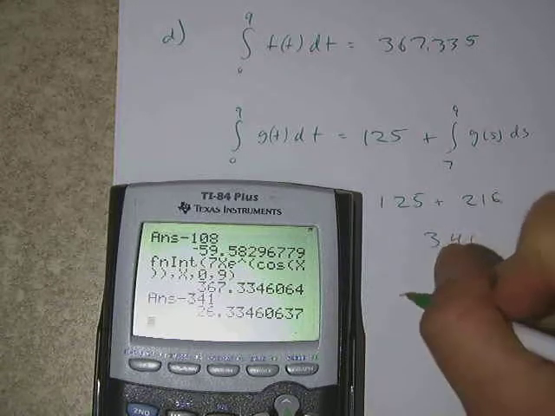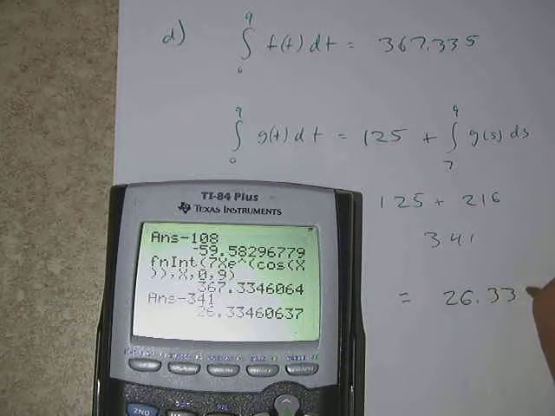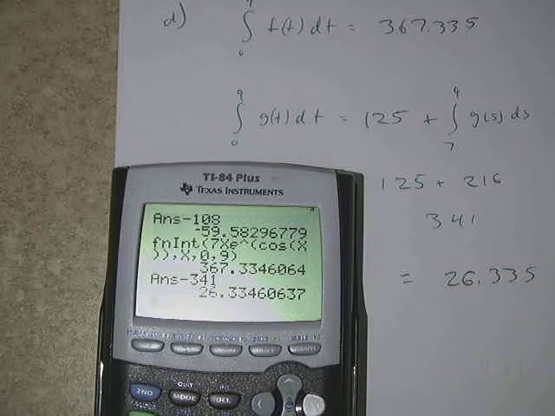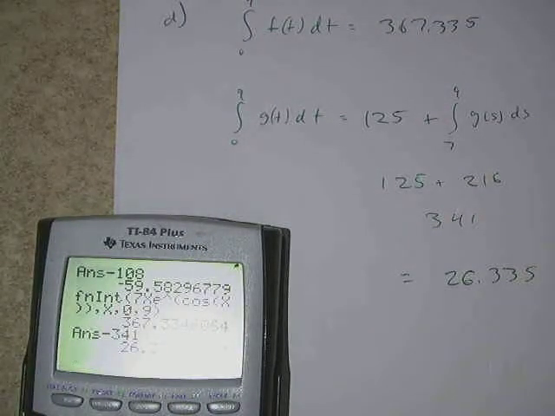So ultimately, 125 plus 216 would be the result from that, so 108 for 2 hours straight. So that would be 341. Subtracting 341 gives us our final answer if we do those two subtracted. So we get 26.335 feet cubed.